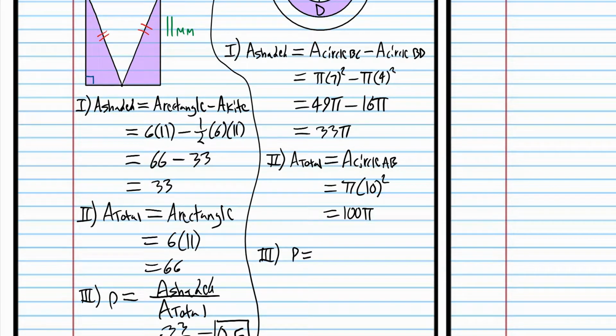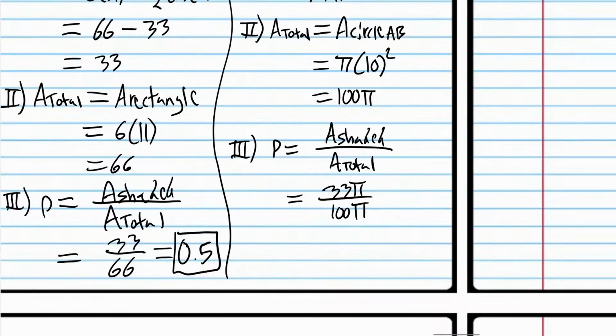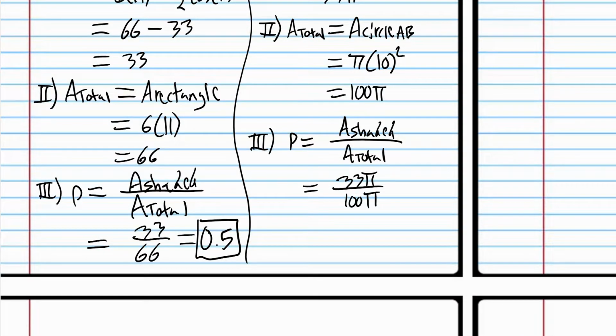And the probability is equal to, again, area of the shaded region over the total area. And that is equal to 33 pi over 100 pi. And you can enter that into your calculator, but it's a lot easier if you just cancel out the pi's. So you have pi divided by pi, so you just get 33 over 100. I was going to say divide by 3, but that's not going to work to simplify it.